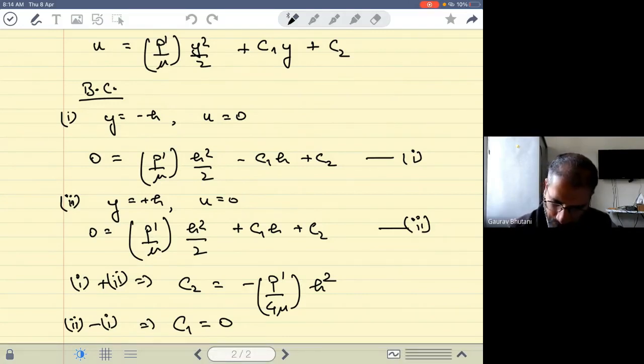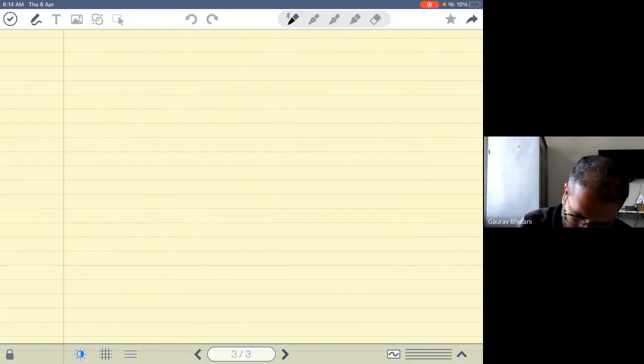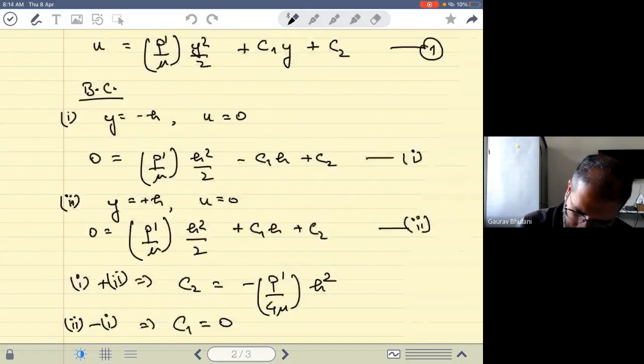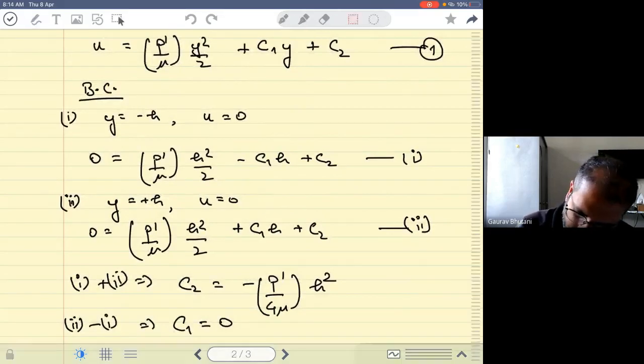So finally, we can substitute them back into our relation number 1 for the x velocity, that is u. Let's just copy this.